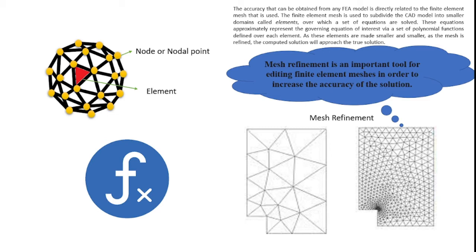When I need more accuracy, I may develop a fine mesh, which means very small or tiny elements on the considered CAD model. From this we can get an accurate solution.